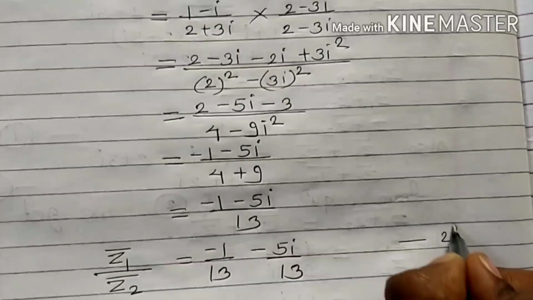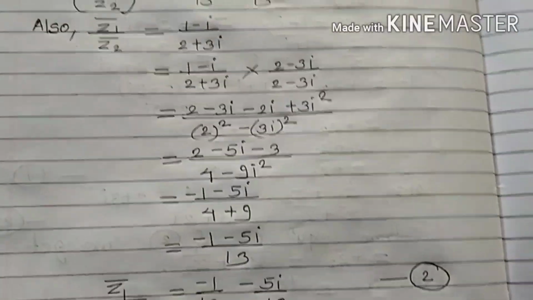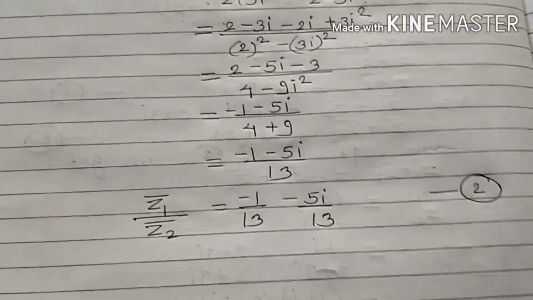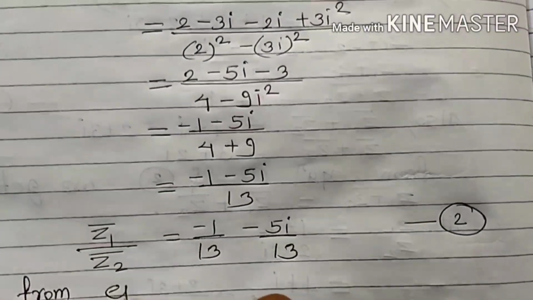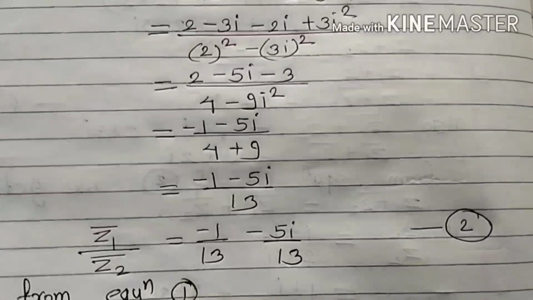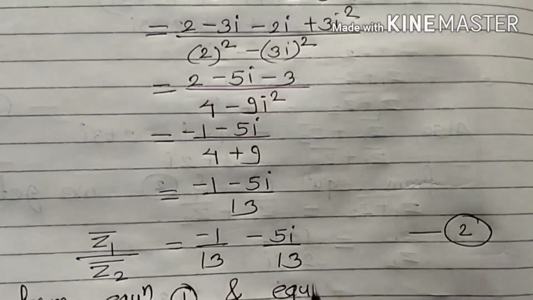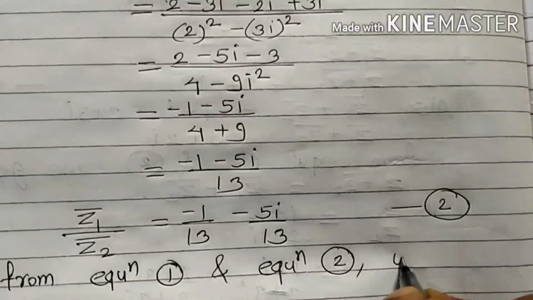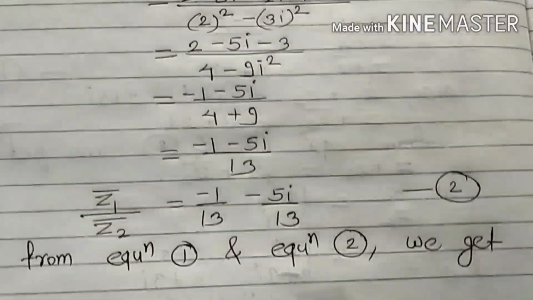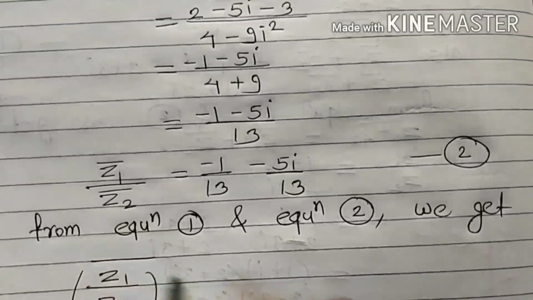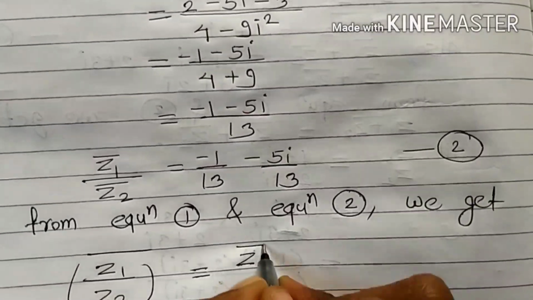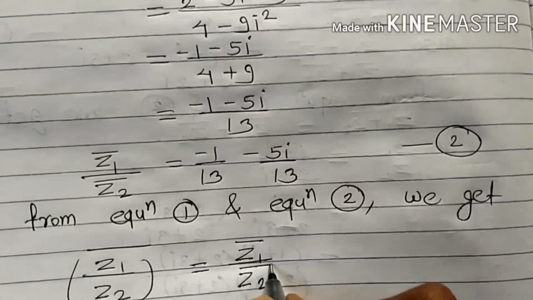Call it equation second. Now you can observe from equation first and equation second that (z1 upon z2) bar is equal to z1 bar upon z2 bar. Hence proved.